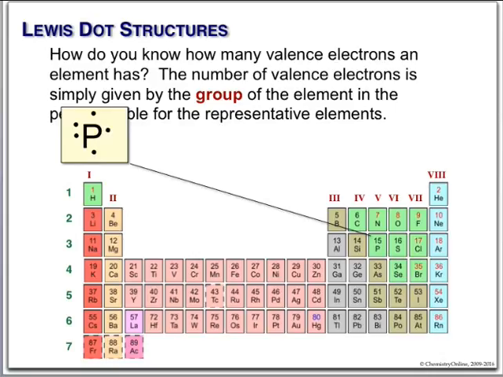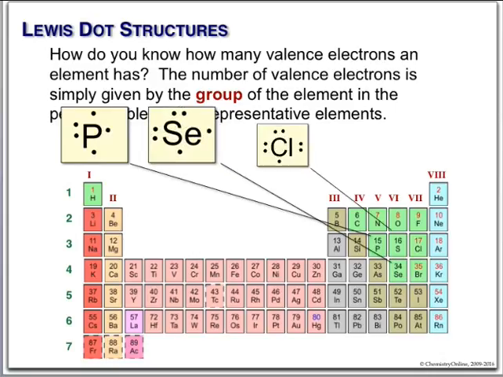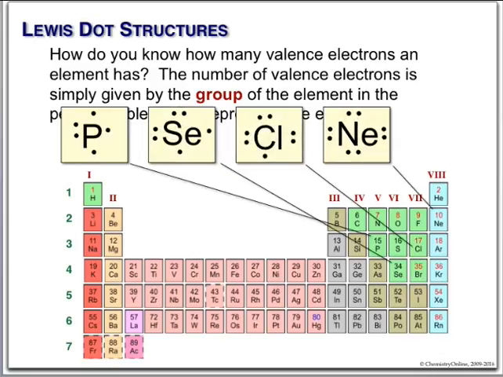Group 5, we have 5 of them, 6, 7, and 8. So the simple group numbers, 1 through 8, tell you right away how many valence electrons you're dealing with. Any questions?